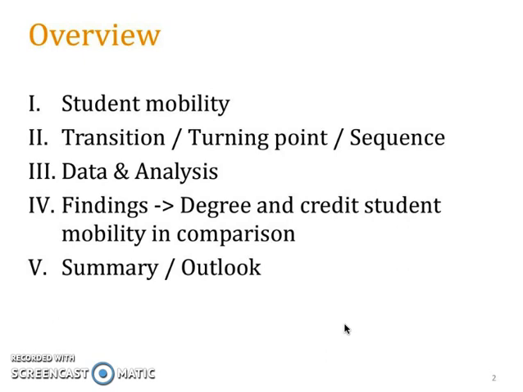In the third part, I will give you information about international mobility of students, and we will analyze it with the help of charts. In the first part, we will talk about the findings about international mobility, about degree and credit student mobility in comparison. And the last one, we will end with summary and outlook. And of course, we will have references.